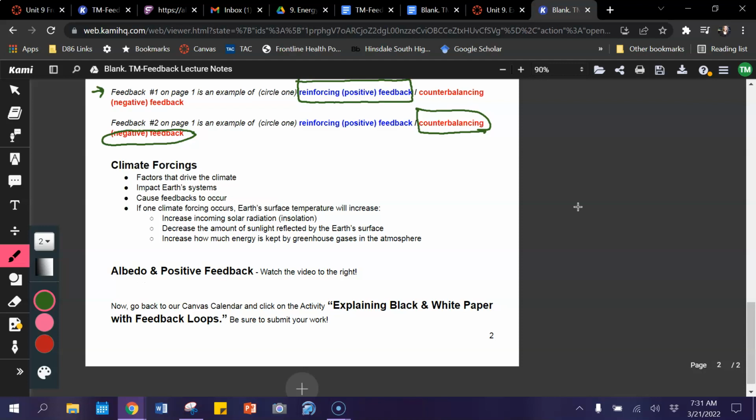The 3 climate forcings are: if there is an increase in incoming solar radiation, which is also known as insolation, then Earth's surface temperature will increase. If there is a decrease in the amount of sunlight reflected by the Earth's surface, meaning that the Earth's surface is absorbing more of it, then yes, Earth's surface temperature will increase. And the last forcing is if it increases how much energy is kept by greenhouse gases in the atmosphere, then yes, Earth's surface temperature is going to go up.